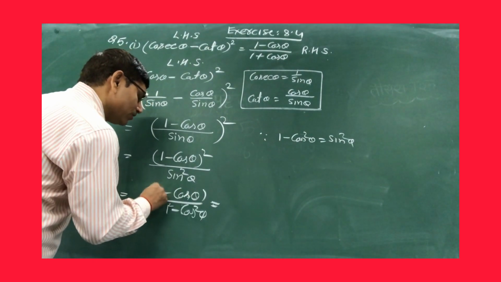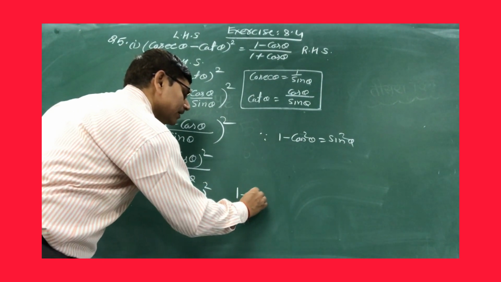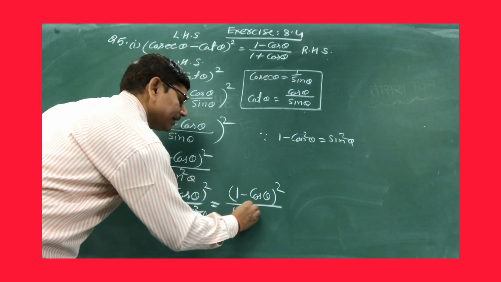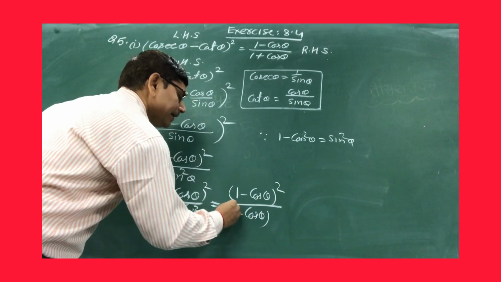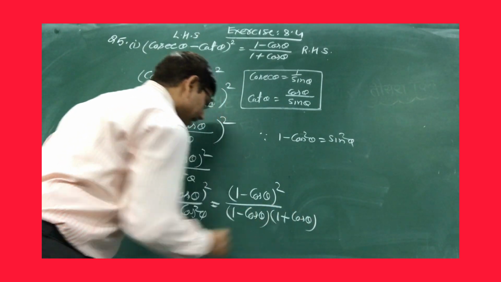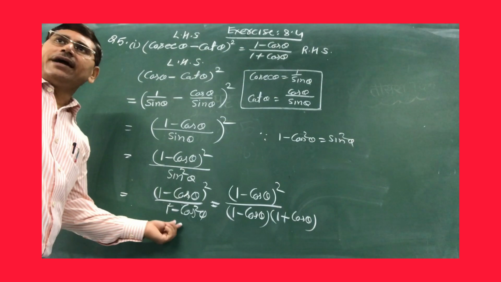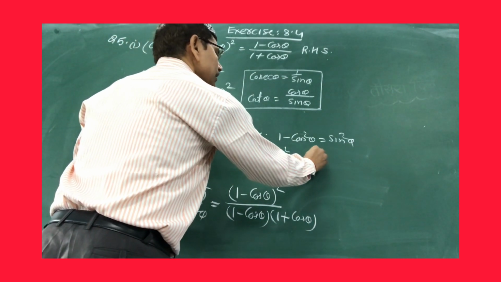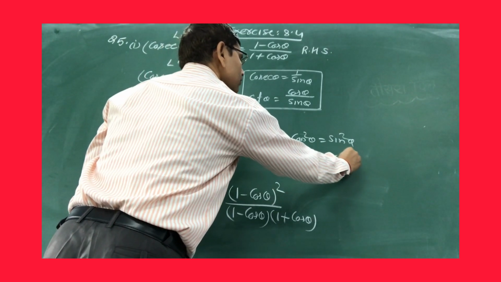A square minus b square means (a plus b) and (a minus b). So you will write once again (1 minus cos theta) whole square divided by (1 minus cos theta) and (1 plus cos theta), using the identity a square minus b square equal to (a plus b)(a minus b).